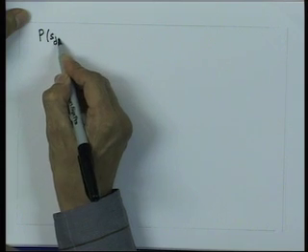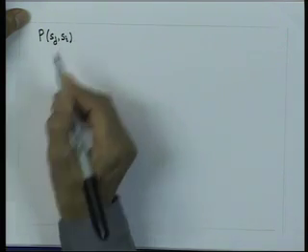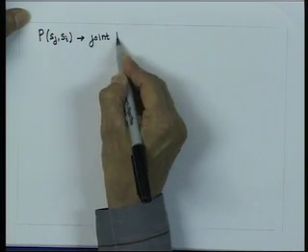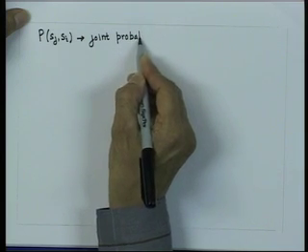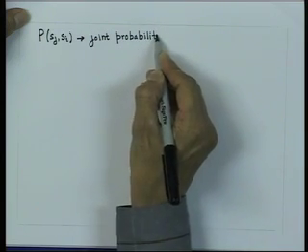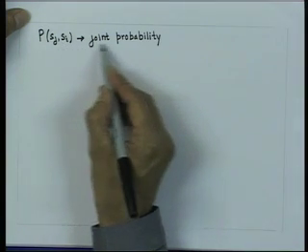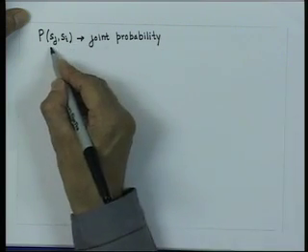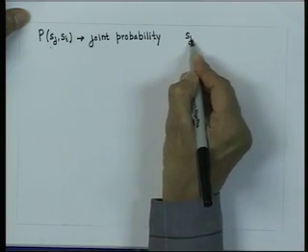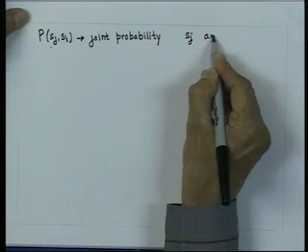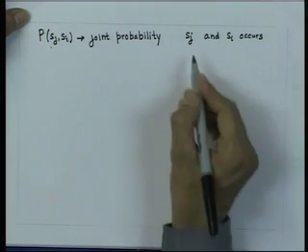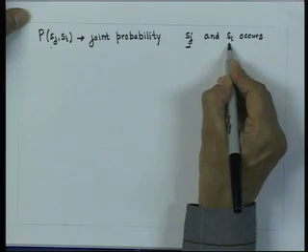Let us define probability of Sj Si as the joint probability. This is a joint probability that the source is in the state specified by Sj and Si occurs. So, I am in the state Sj and then Si occurs.